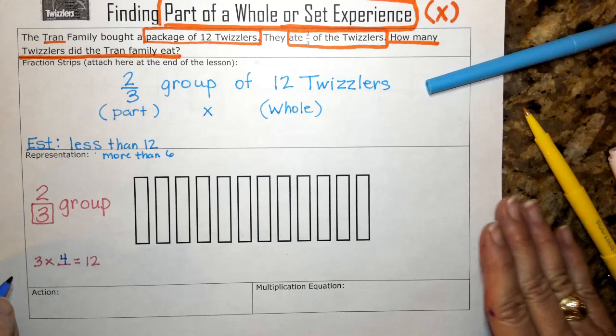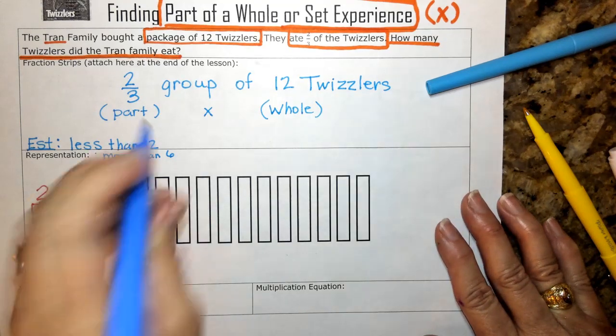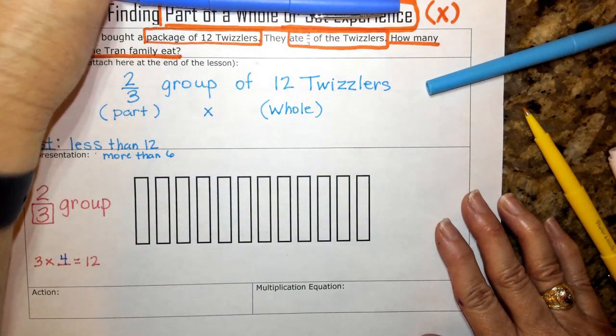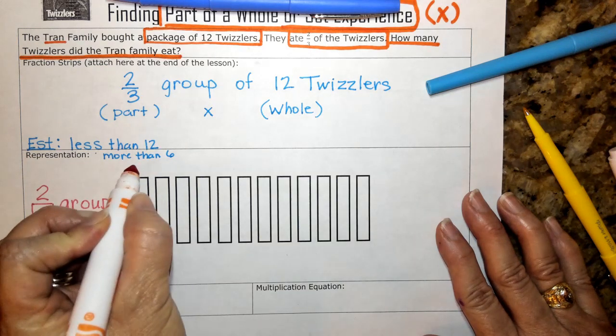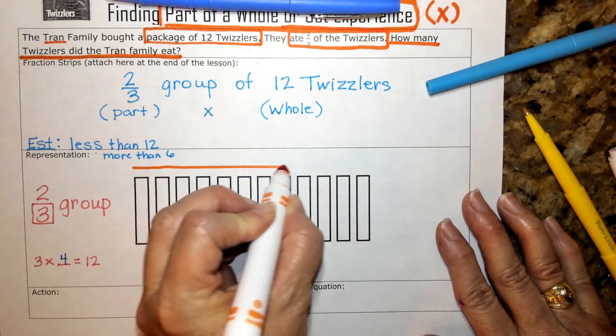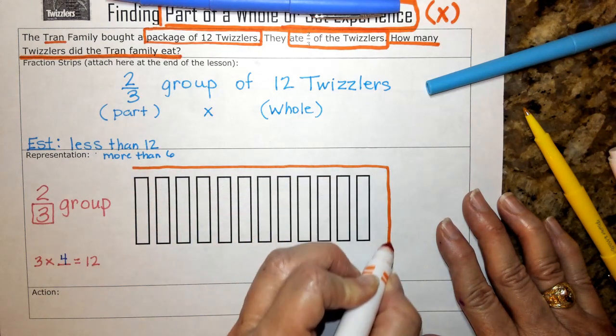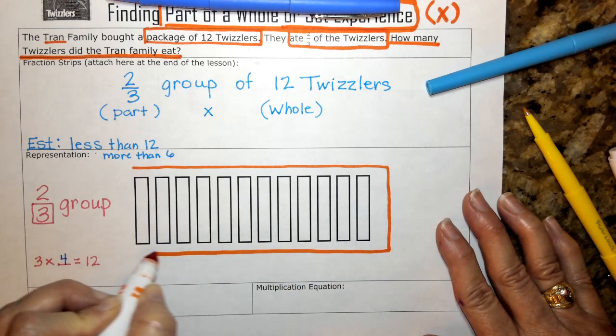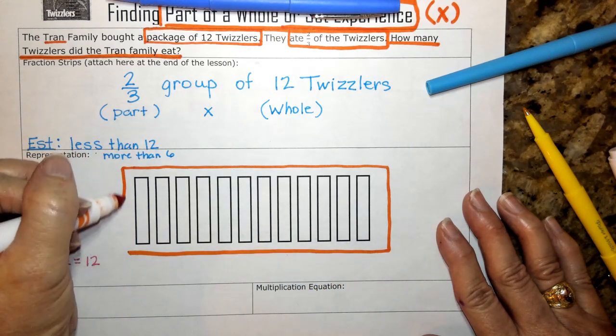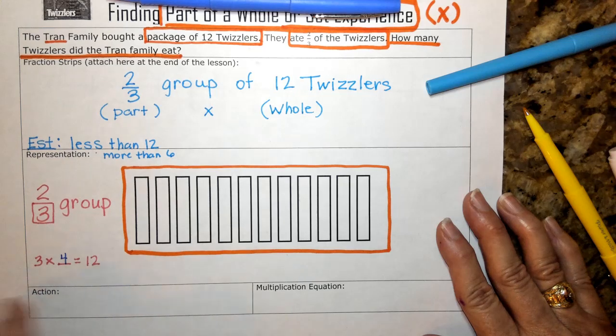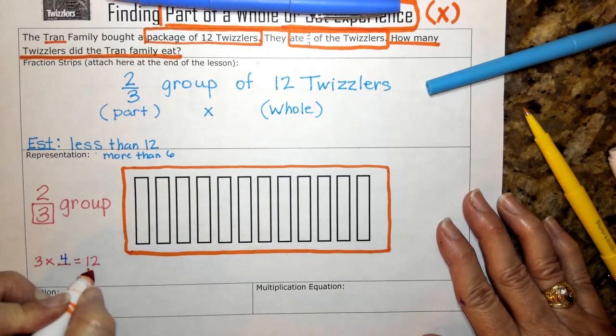So what does that mean? That means that if I have the whole group of 12, and we're going to outline the whole group of 12, this would be my whole.